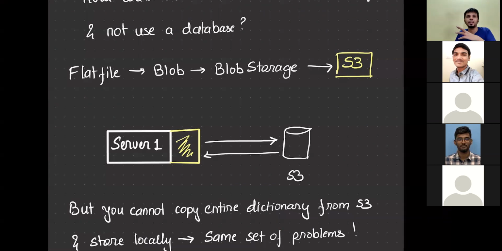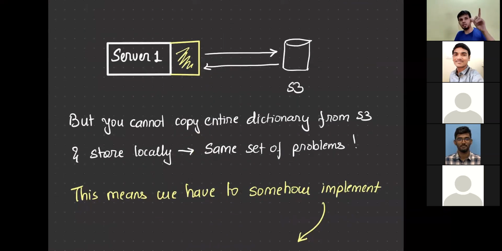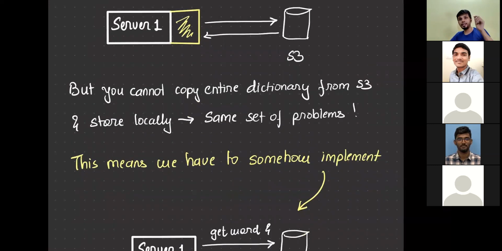So now you see your server is still having 1 terabyte of storage, but to get the dictionary data, it would make a call to S3, because S3 is that one place from which it would get the data, store it locally and then serve it. But every time you cannot copy the entire dictionary from S3 and store it locally. There are massive problems, a lot of network IO.